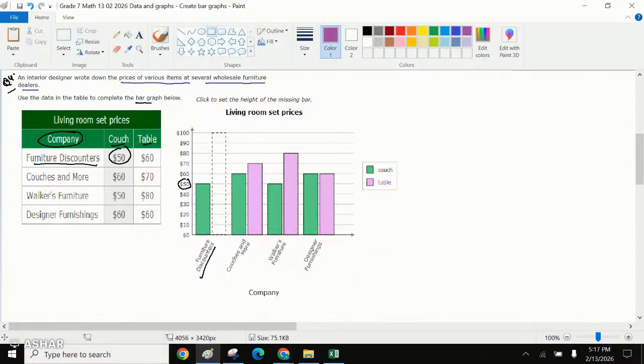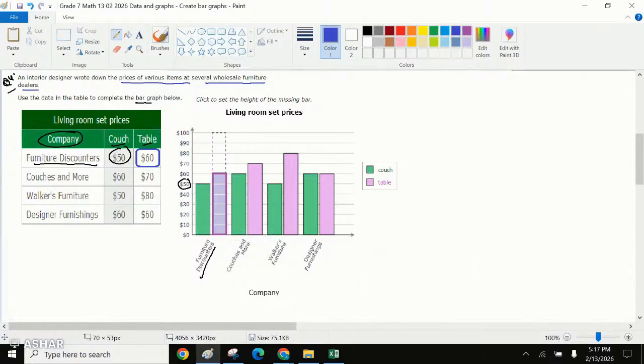That means the table was 60, right? So we can simply say this is the graph for this missing part. Agreed?